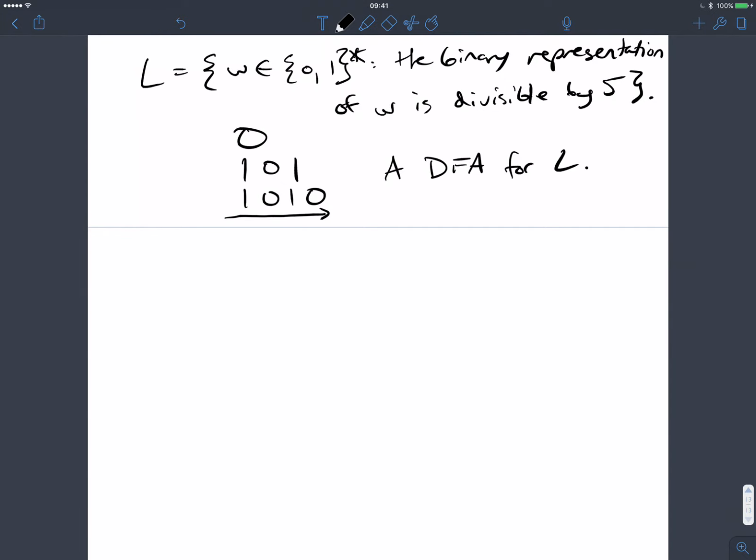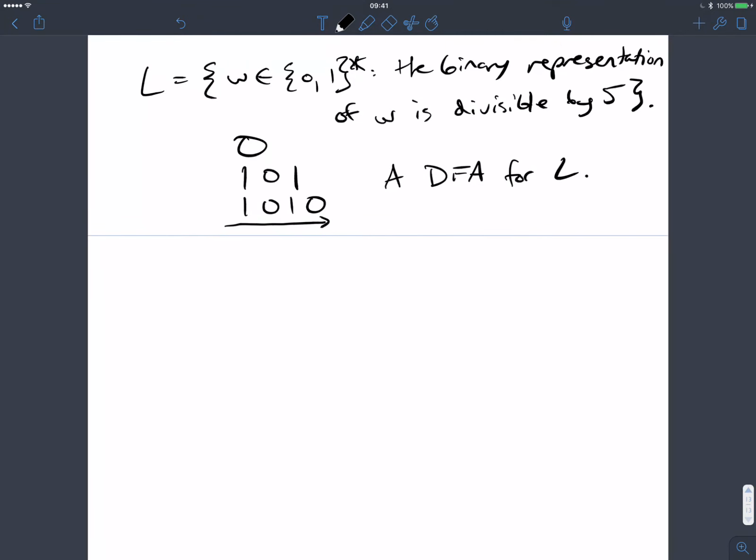So any ideas on how we can approach that? Yeah. Have like 5 states in the DFA to represent what your remainder would be after dividing by 5. Maybe that's an idea. Let's look at all possible remainders when dividing by 5. Well, what are those? 0, 1, 2, 3, or 4. Good. That's a common strategy that I like for these problems: model all possibilities as a state and then connect the states up depending on what happens.